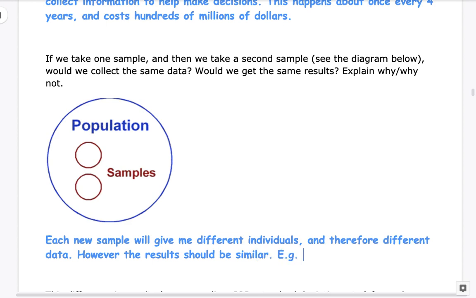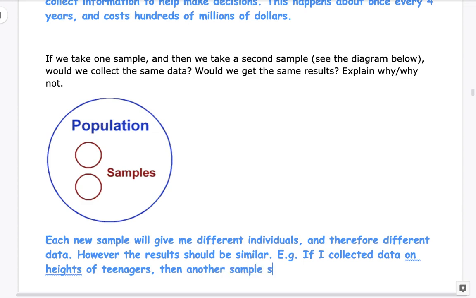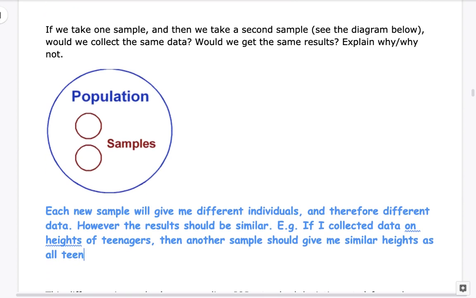Okay, for example, if I collected data on heights of teenagers, then another sample should give me similar heights, as all teenagers are similar in some way.